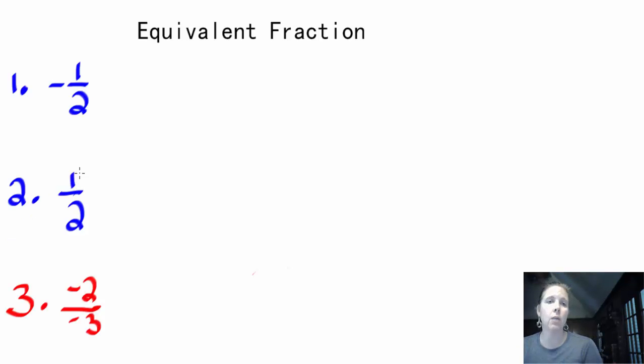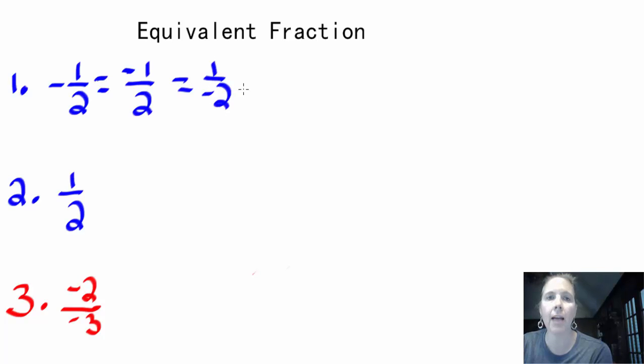Okay, so when we deal with rational numbers, your equivalent fractions are very similar. Okay, we have -1/2. The biggest thing to know here is it doesn't matter where the negative is. It can be right in the middle, or it can go with the 1, or it can go with the 2. It doesn't matter.